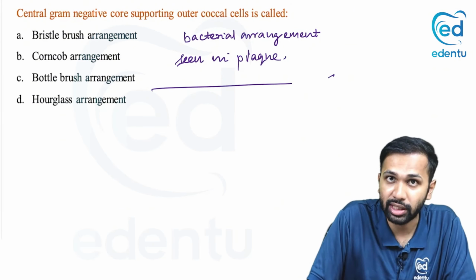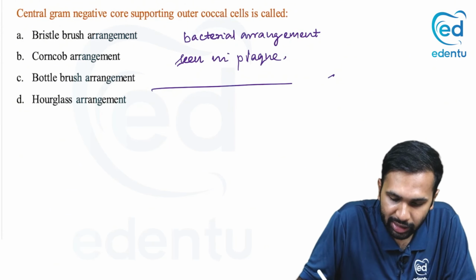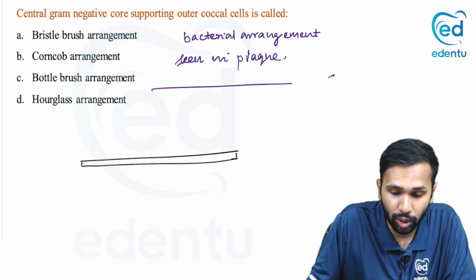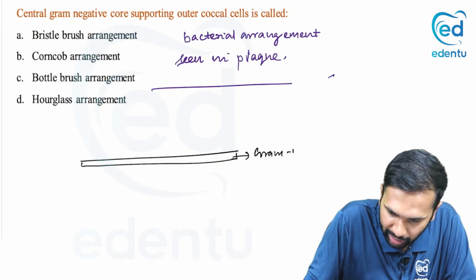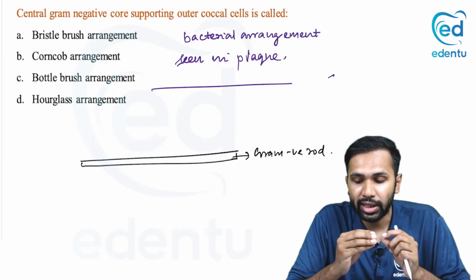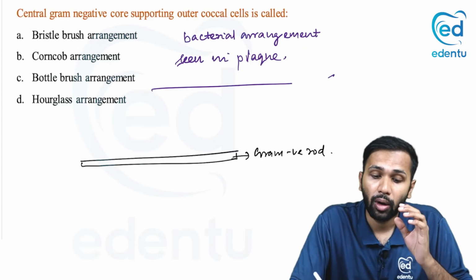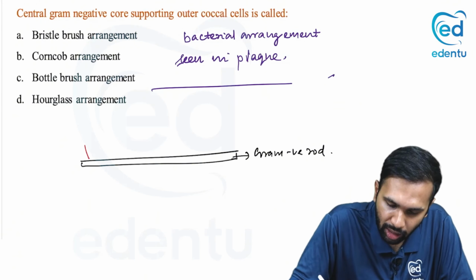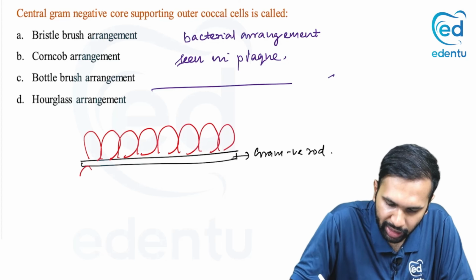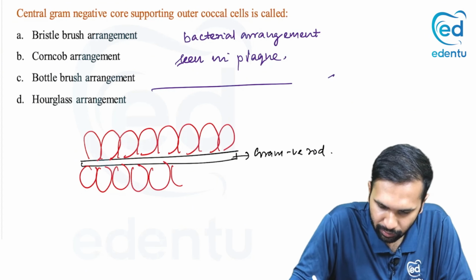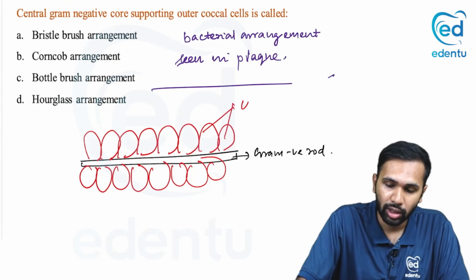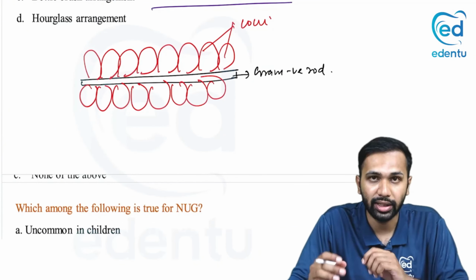That is, let's say you have a central core of gram-negative rod. Rod-shaped bacteria are shaped like a stick. So in the center, you have a gram-negative rod on which you have your cocci, which are arranged like this, in clusters.